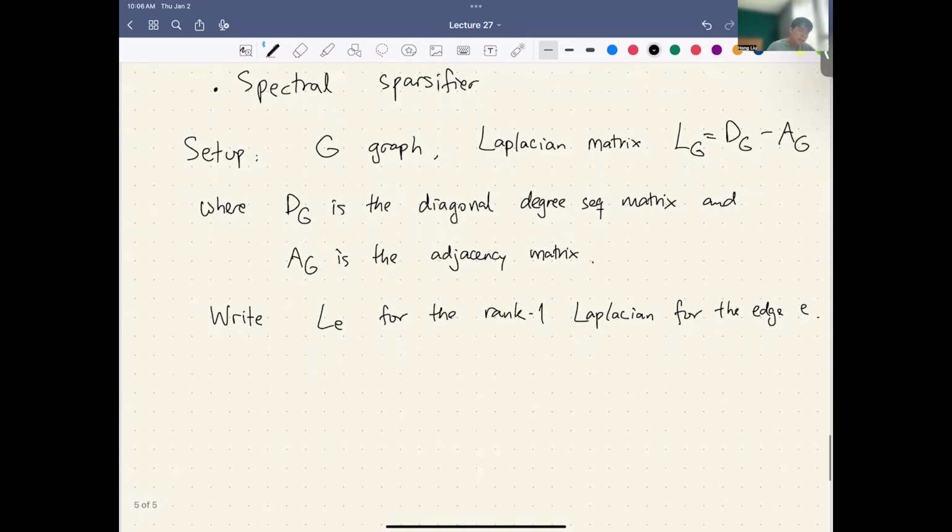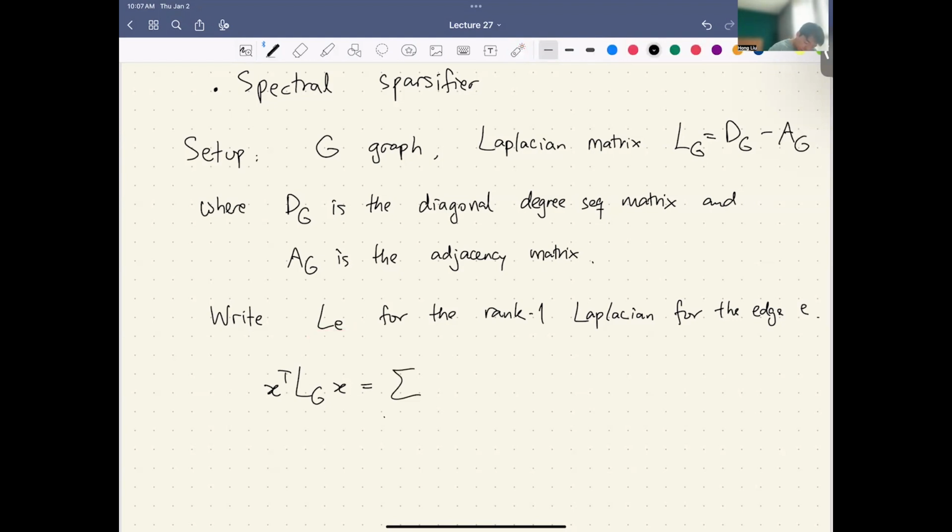Okay. In this language, then we can compute, for a vector x of length the order of the graph G, this quadratic form, x transpose Laplacian matrix of G times x. If you expand it by linearity, the Laplacian of G is just the sum of the Laplacian of every single edge, all these rank 1 matrices.